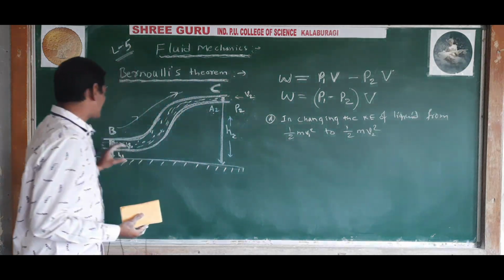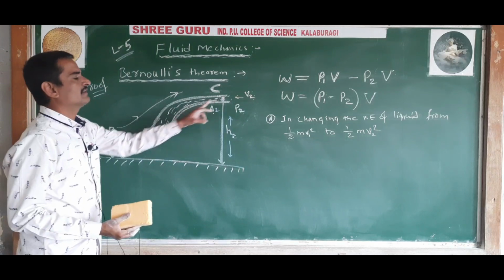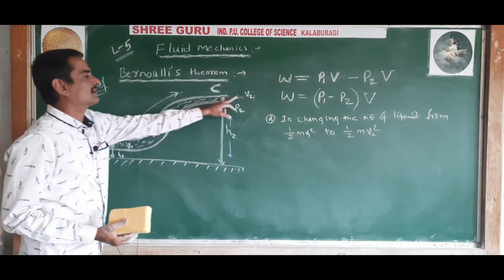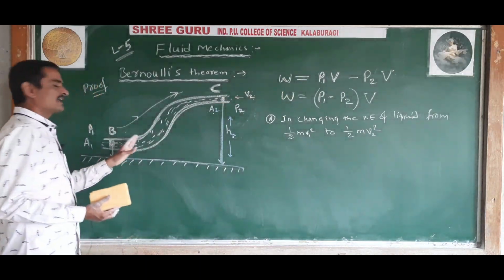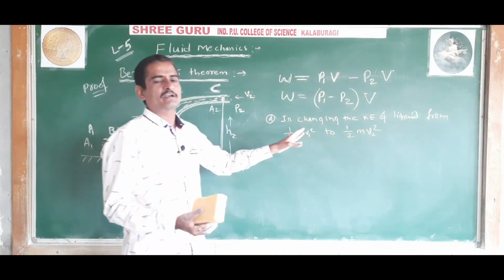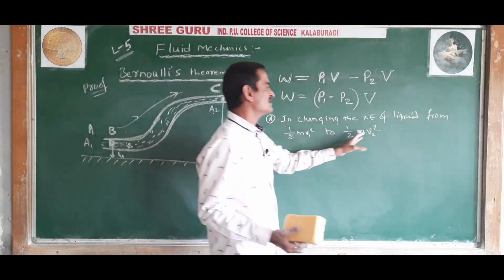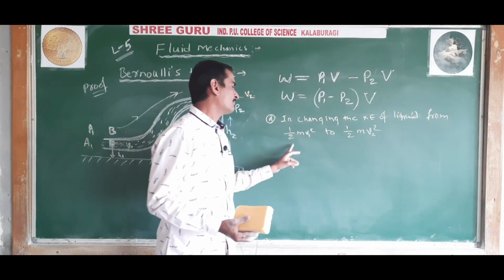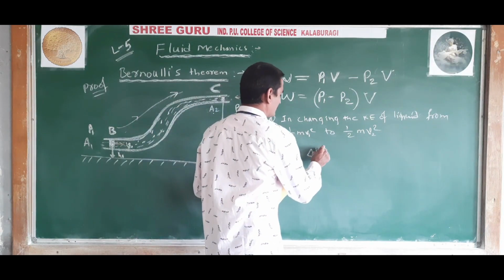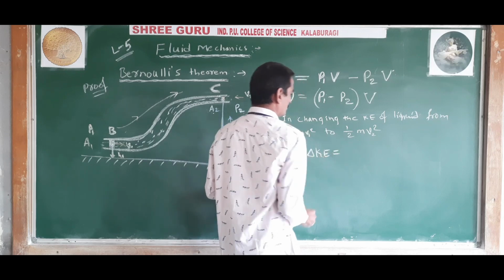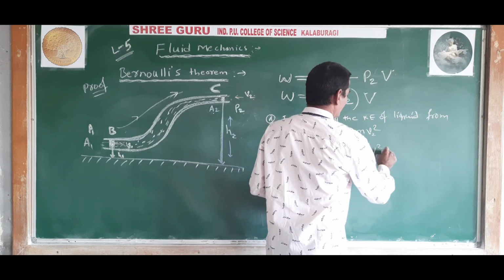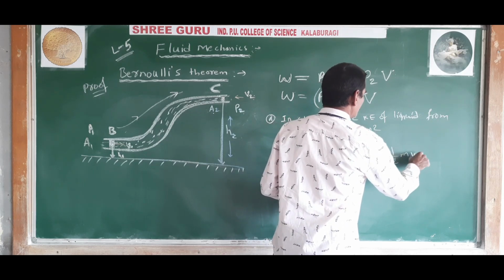See here, when we push the liquid from here to here, the kinetic energy of the liquid changes, because here velocity is v1 and here velocity is v2. So part of this work done is used by the liquid to change its kinetic energy from 1/2 m v1 square to 1/2 m v2 square. That is, the change in kinetic energy is equal to 1/2 m v2 square minus 1/2 m v1 square.